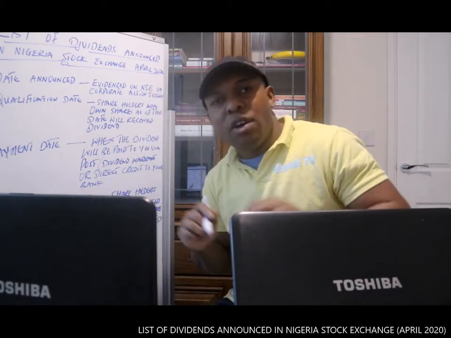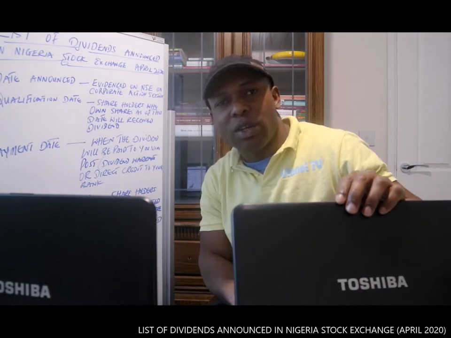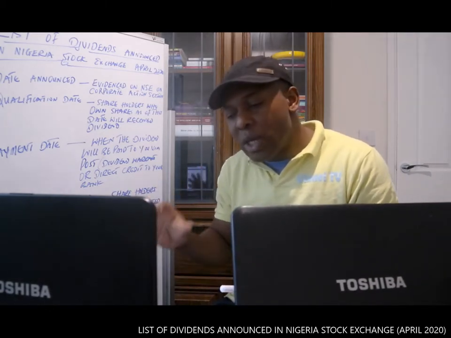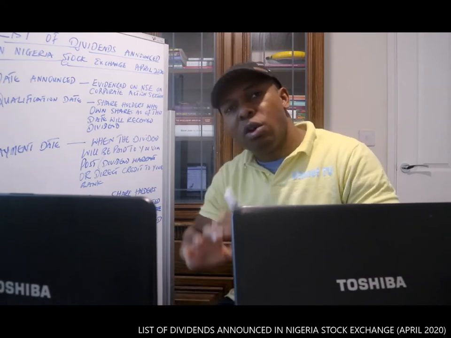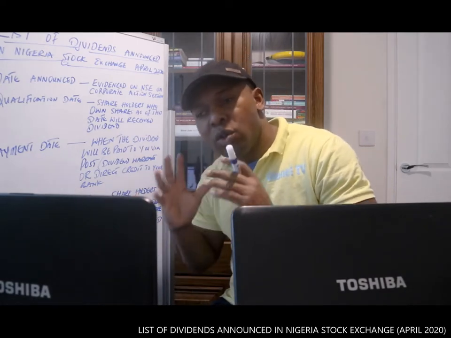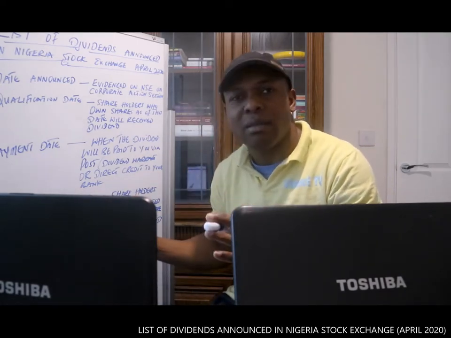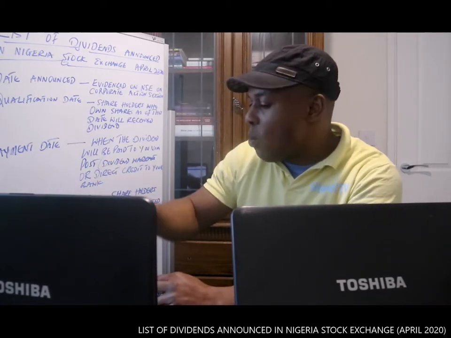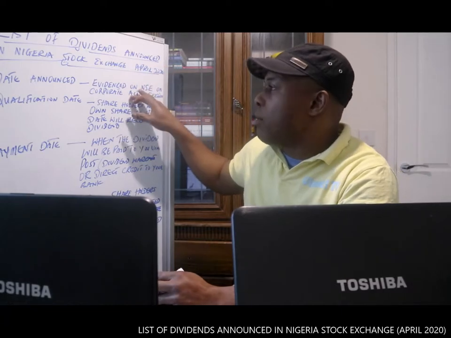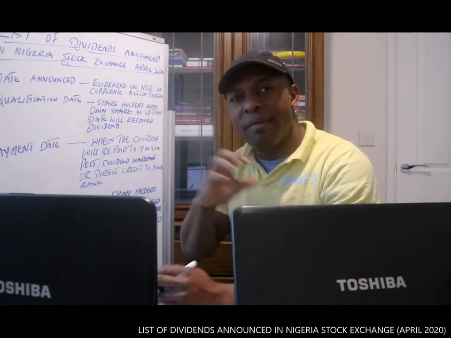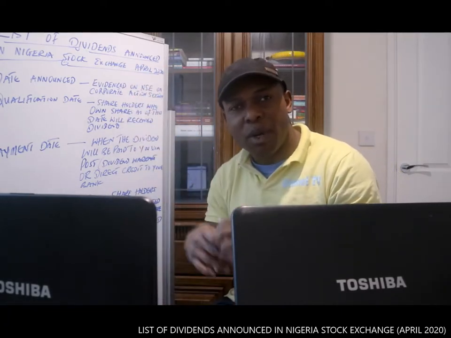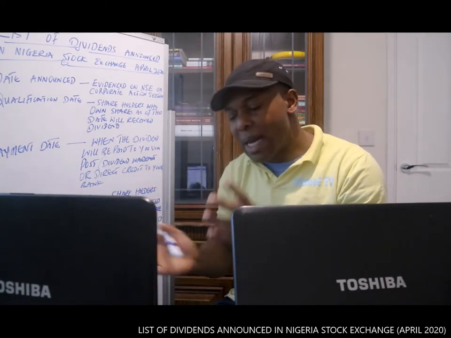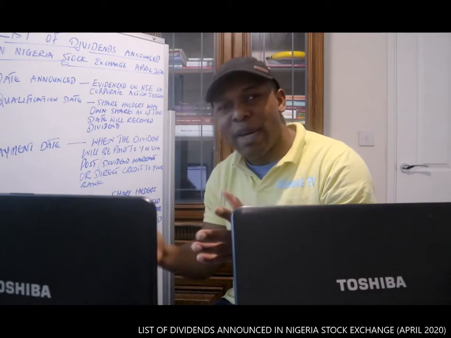Basically, every company registered on the Nigerian Stock Exchange always forwards this information to the Exchange for everyone to see. It is out there on the corporate action section of the website. If there are any significant events in a company, they always forward the information to the Nigerian Stock Exchange, sometimes good news and sometimes bad news.